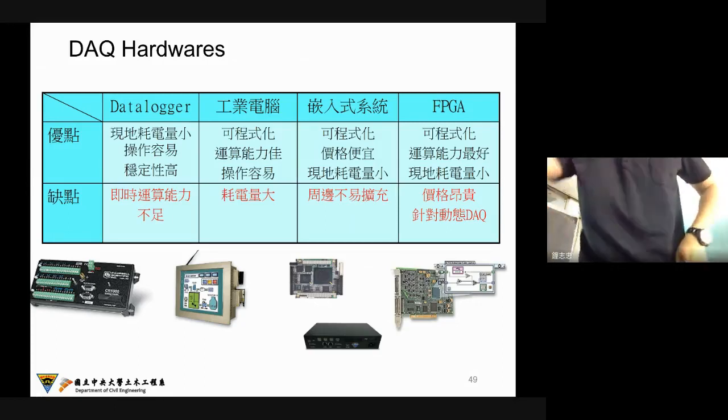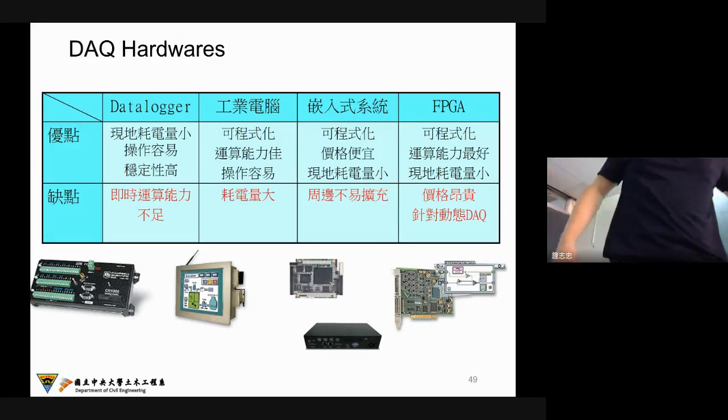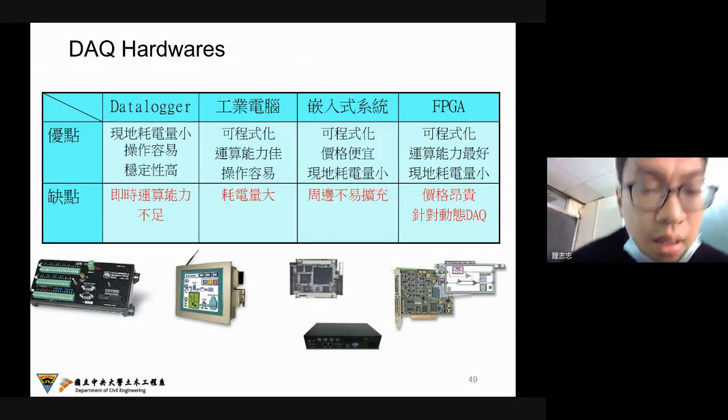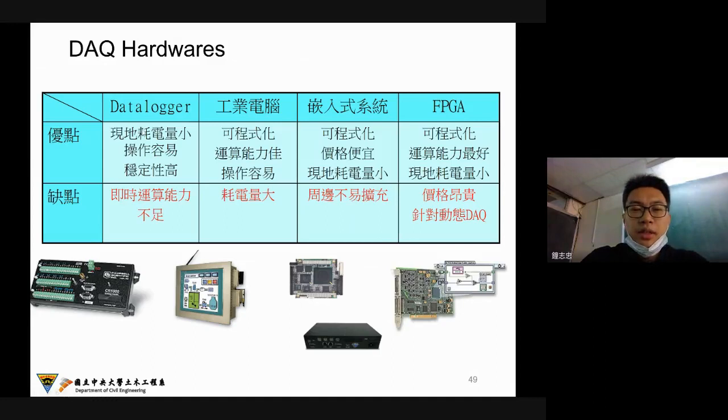This is a data logger, and I mean that inside it always embeds a CPU, which means you can have a program inside to control the data logging. And we can also use the second one, the industrial PC.